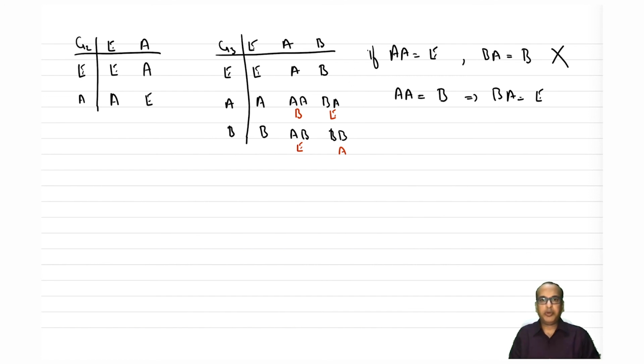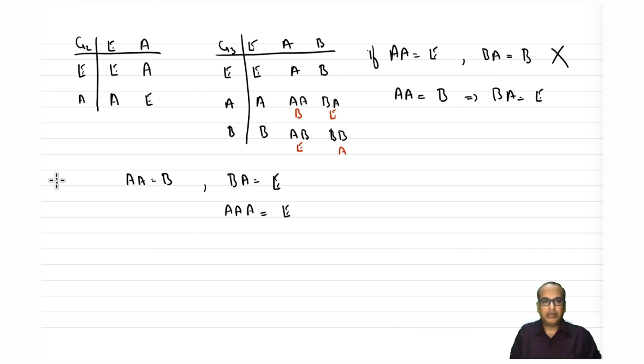Now you notice a very interesting thing over here: AA is equal to B and BA is equal to E, and BA is nothing but AAA. So this becomes AAA is equal to E.